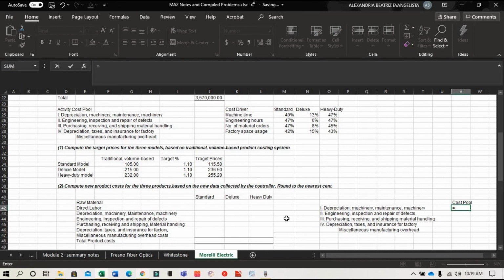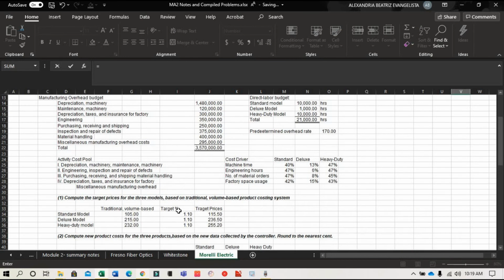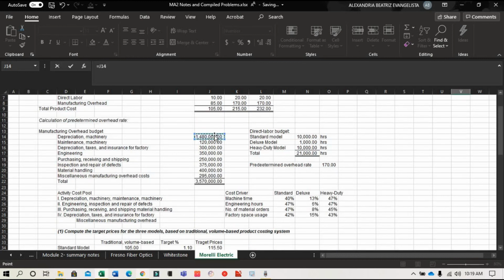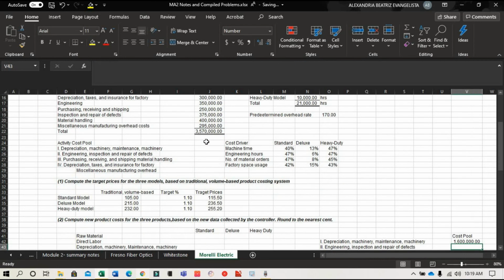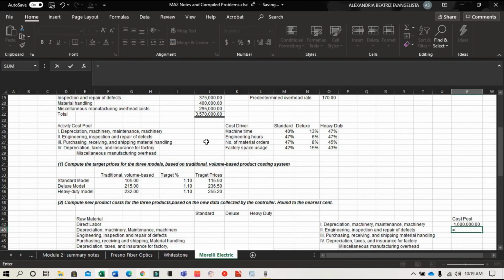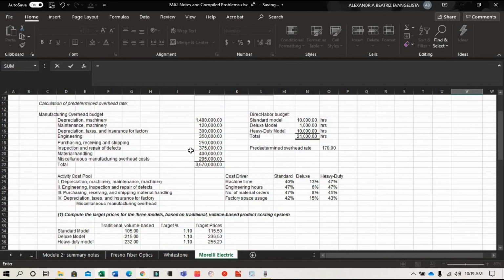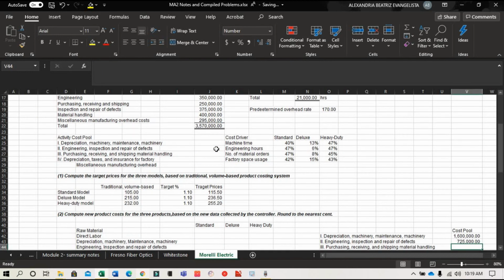For depreciation machinery, maintenance machinery, that is 1,480 plus 120, and that would give us the cost pool of 1,600,000. And for the second one, which is engineering, inspection, and repair of defects, that is 350 plus 375, and that would give us 725,000.